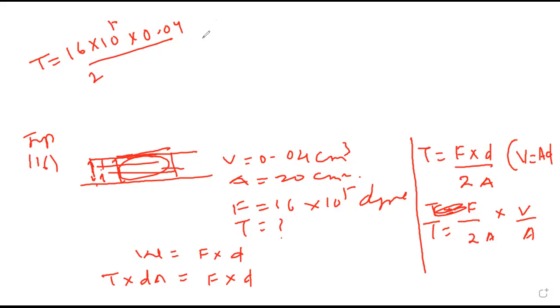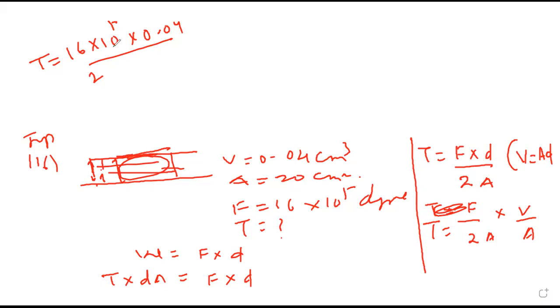Area is given, distance is not given. So 2 into surface tension is 2 into A into area A.